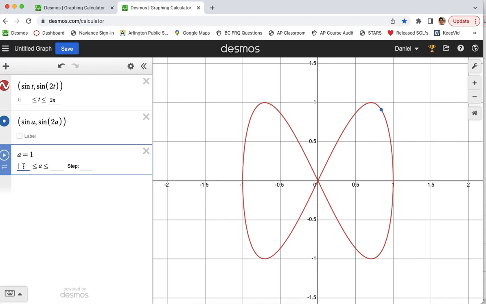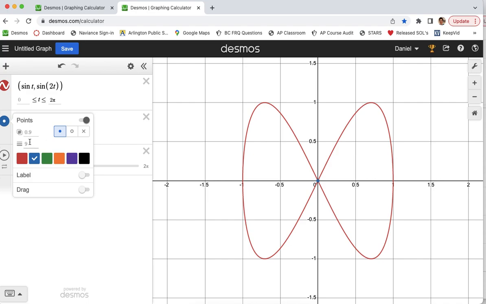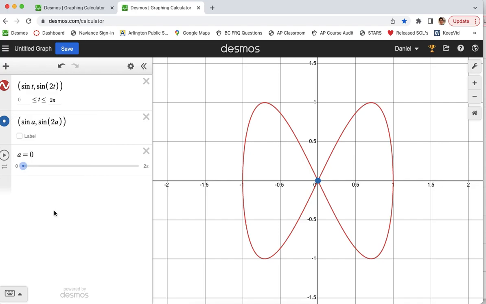Let me control this to make it also go from 0 to 2 pi. Make this point a little bit bigger. Oh, that's the wrong control, sorry. That's the one that controls how big it is.